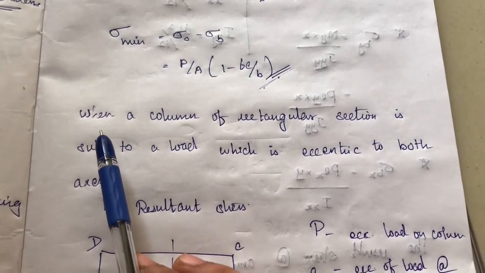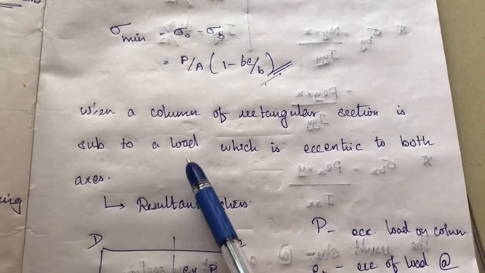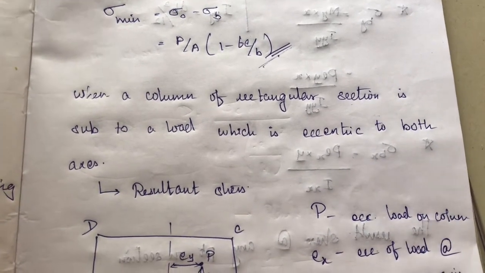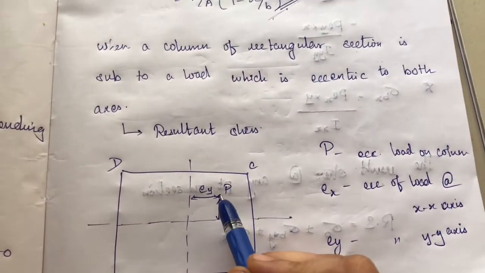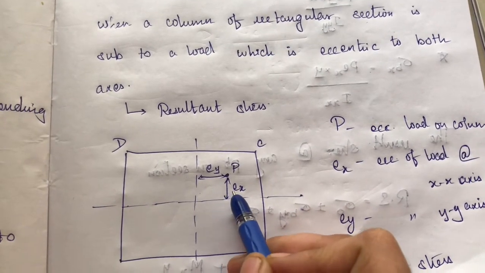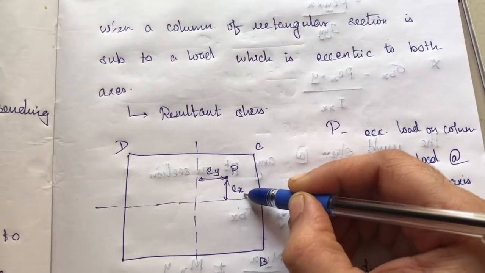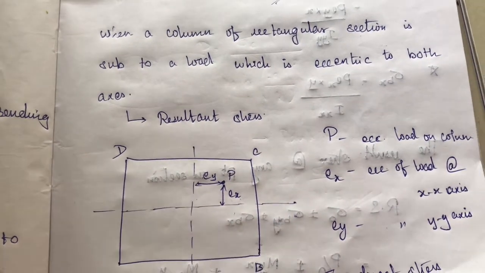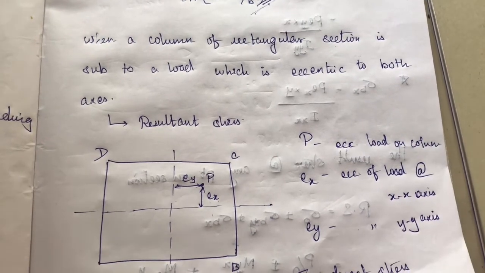If it is for two axes, when a column of rectangular section is subjected to a load which is eccentric to both axes. So இது வந்து ரெண்டு axisல distanceல வருது. ஓகேங்களா. So you can see here it is at the center actually, and this one is EX distance from here and EY distance from here. Like this is EX distance in the X axis and EY distance in the Y axis. Okay, so what is P here? Eccentric load on the column.